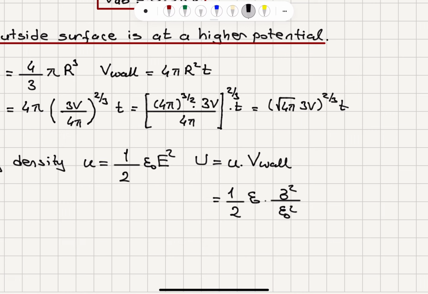The volume of the wall is T times the square root of 4 pi times 3V to the power 2/3. So epsilon zeros will cancel. We will leave only one epsilon 0 at the bottom.